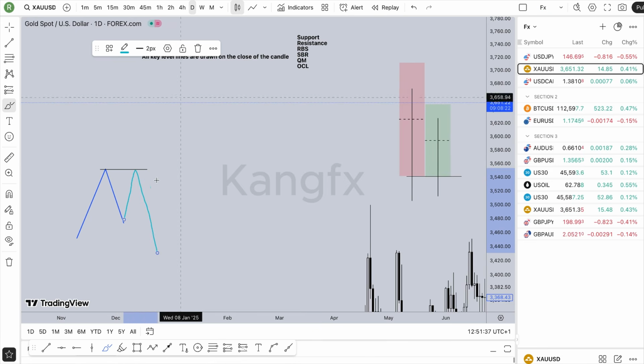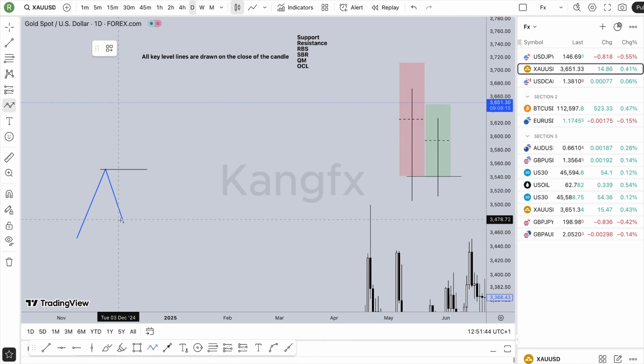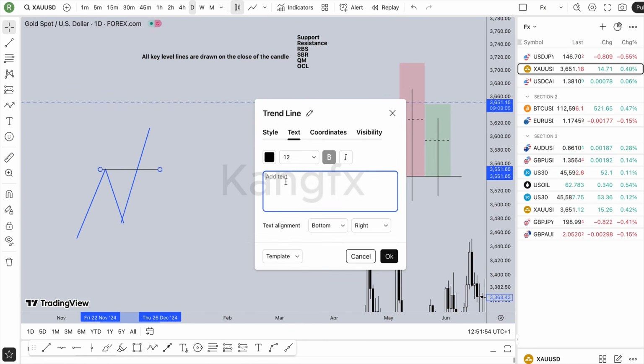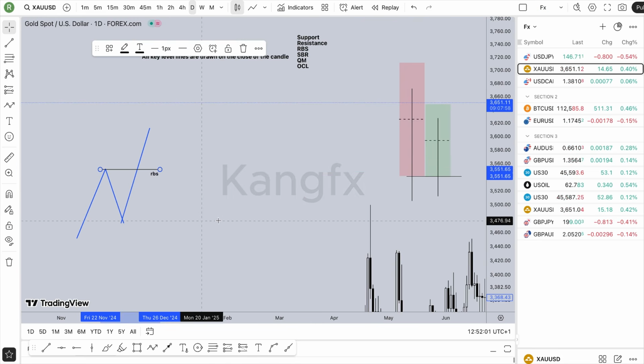Now in a situation where the resistance couldn't resist the price, but the market broke through it, you now see that this is no more a resistance but RBS. And what's the meaning of RBS? RBS means resistance becomes support. RBS, resistance becomes support. See, very simple.